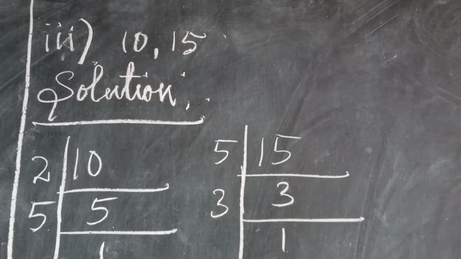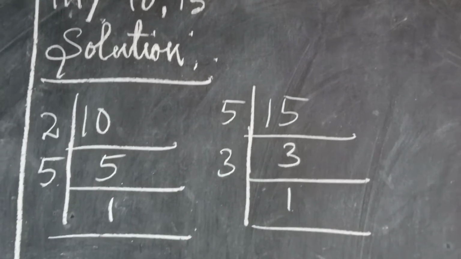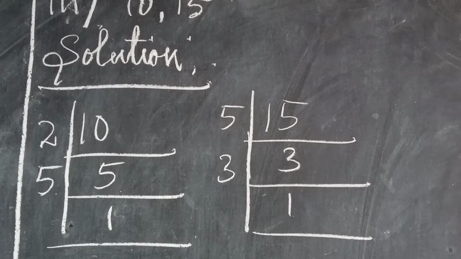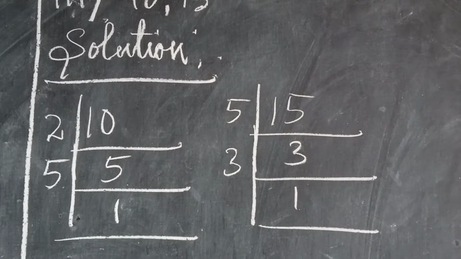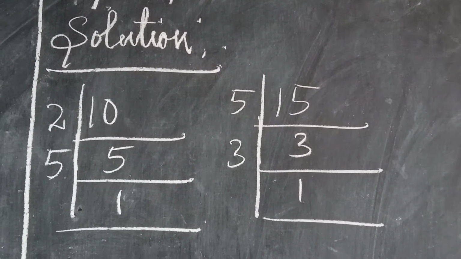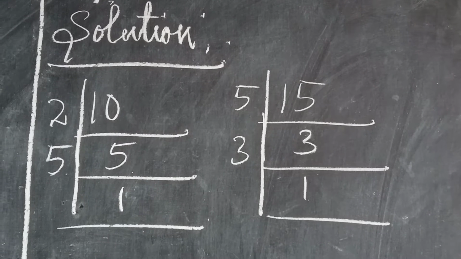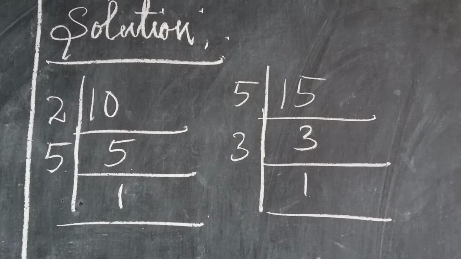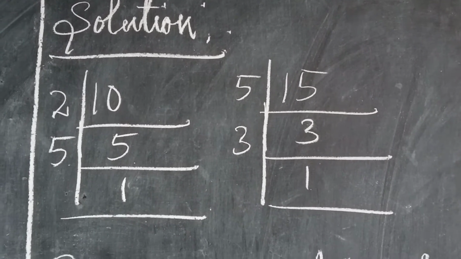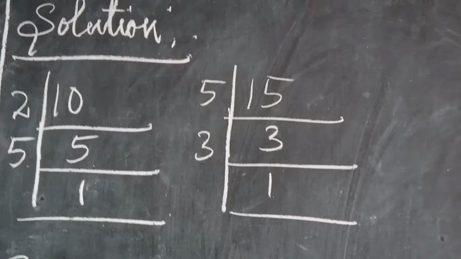Third sum, you see 10, 15. So 10. In the ones place, if 0 or 5 is there it is divisible by 5, we have learned. But here 2 also can be, because in the ones place 0, 2, 4, 6, even numbers, everything can be divided by 2. So 5 2s are 10. Then 5 1 is 5. Here 15 is there.